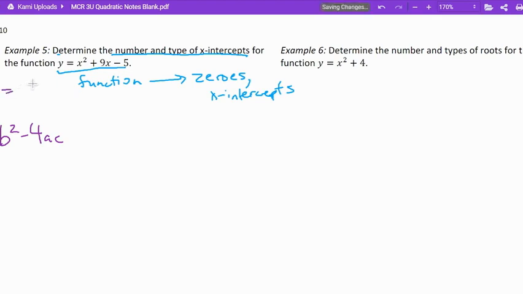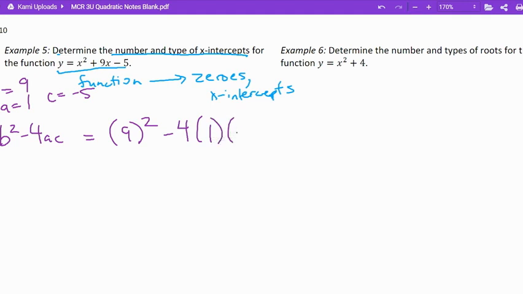Pardon? All right. What is B? C is minus 5, A is 1. So B squared is 9 squared minus 4 times A times C, and C is minus 5. Okay, so 9 squared.